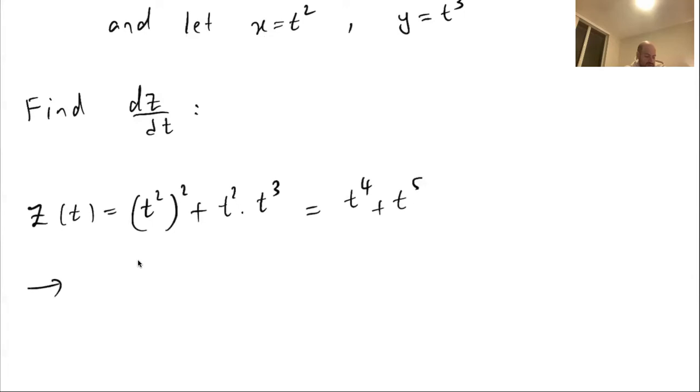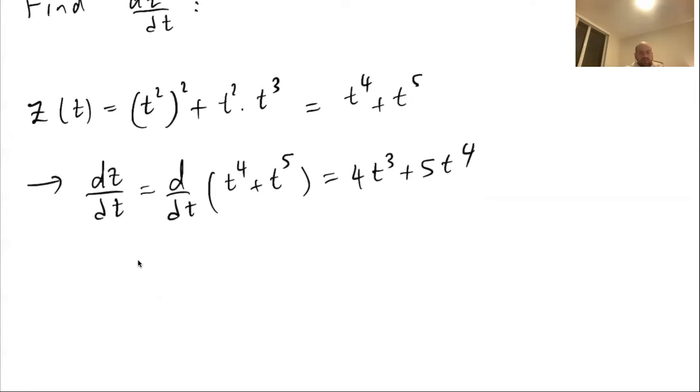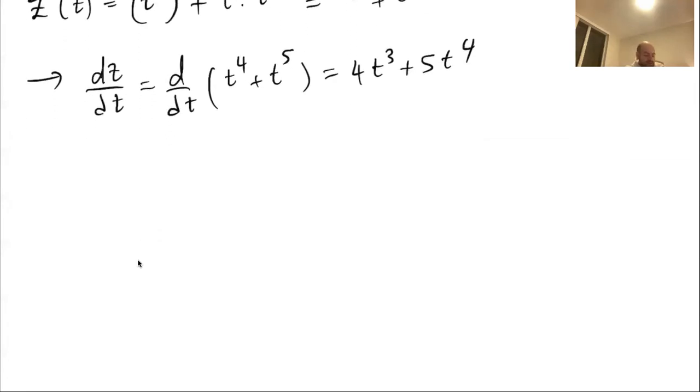So dz/dt will be the derivative of this function with respect to t, and that's 4t cubed plus 5t to the power 4. So this is one method to find dz/dt.